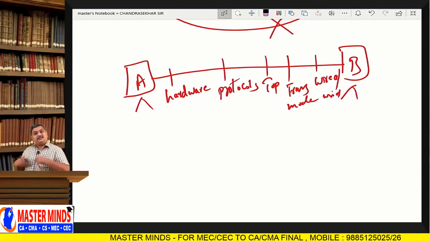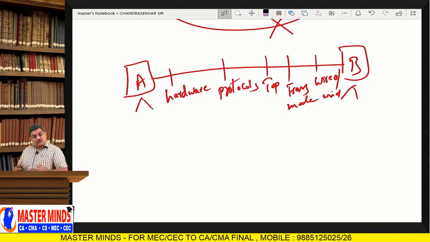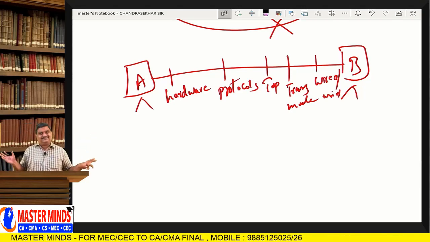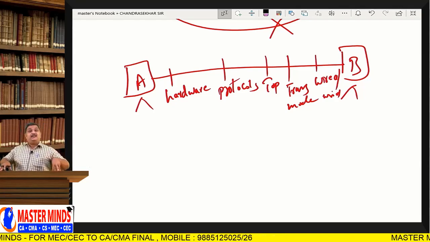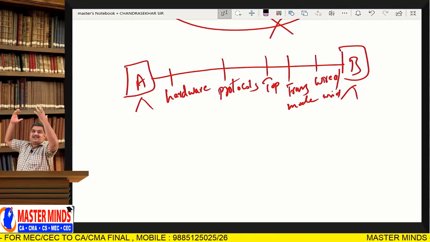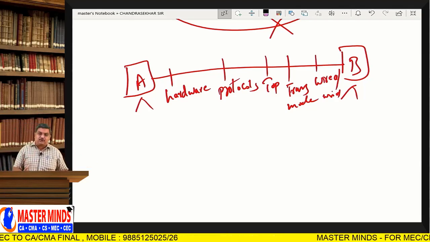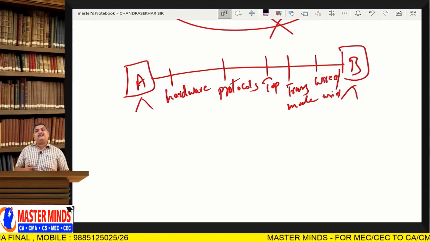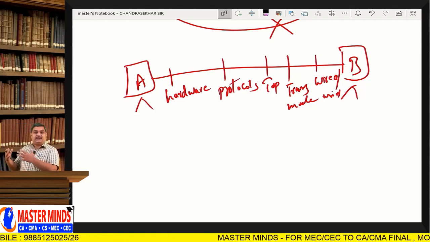We require cement, sand, stone, iron, and so far we have studied about sand, iron, stone, cement separately. But these all things are required to construct the building. Likewise, topologies, network hardware, protocols, transmission modes, transmission channels, these all things are required to build a network.